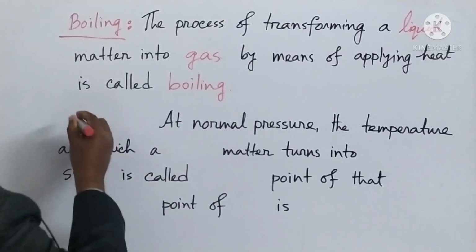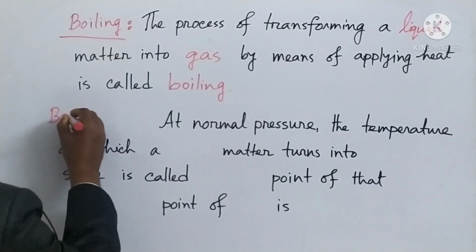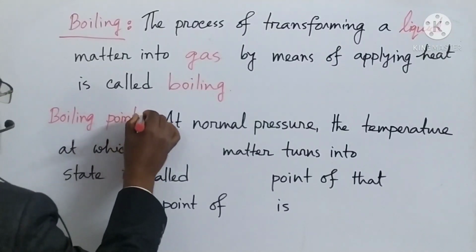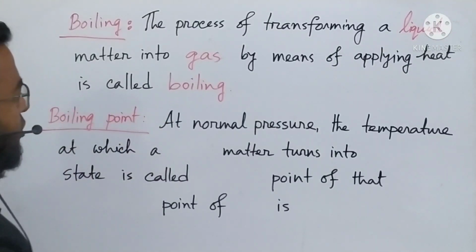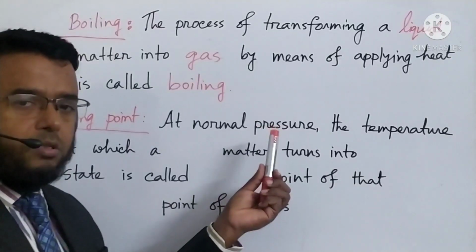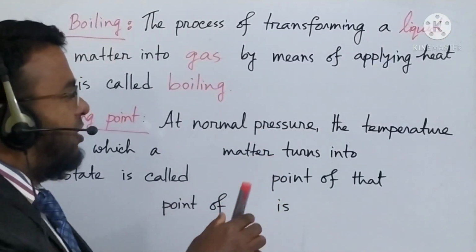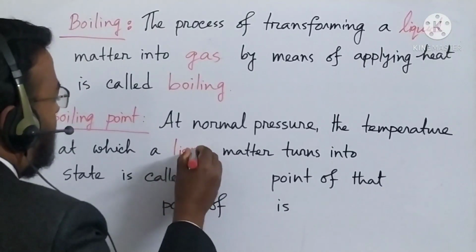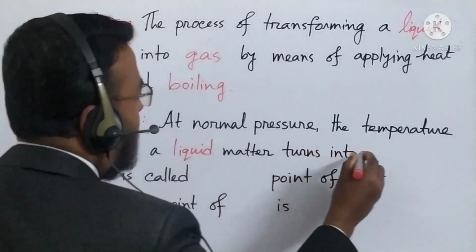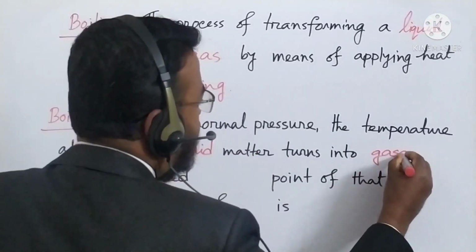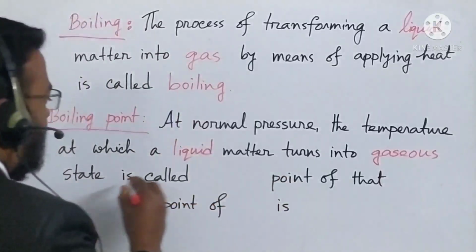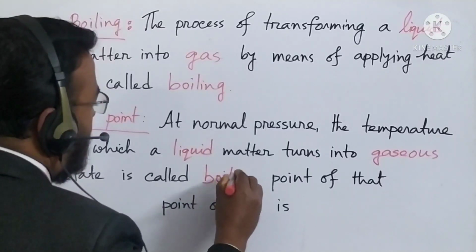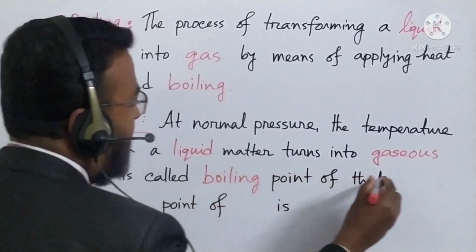Okay, then what is boiling point? So at normal pressure I told, that means at 1 atmospheric pressure, the temperature at which a liquid matter turns into gaseous state is called boiling point of that liquid.